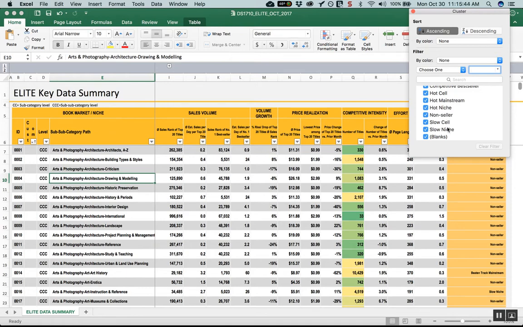Slow sell and slow niche, these categories simply mean that they are in either an esoteric area or the demand is so low and the supply is so high that the average book living in these categories never gets to see the light of day to get in front of anyone. And then, of course, you got some blanks where they just weren't categorized.